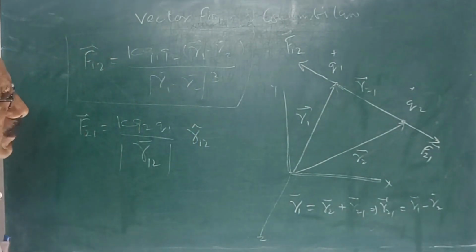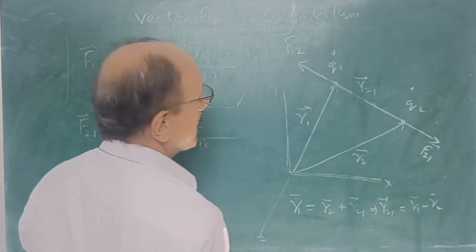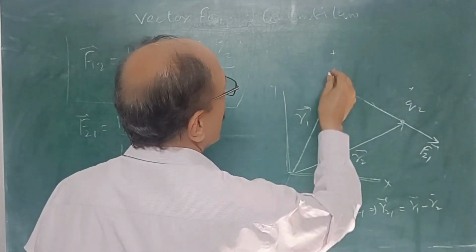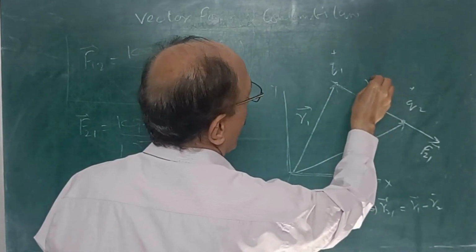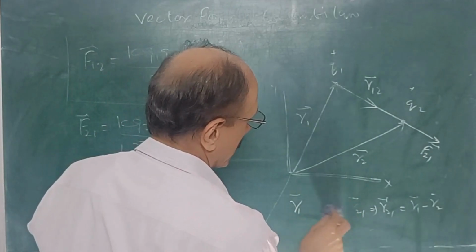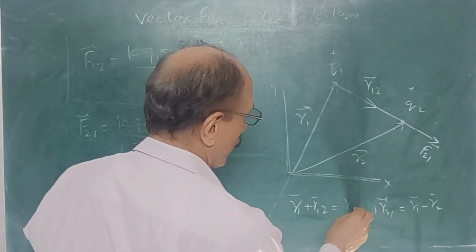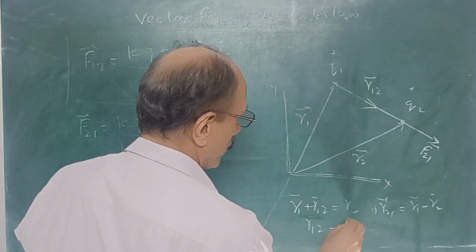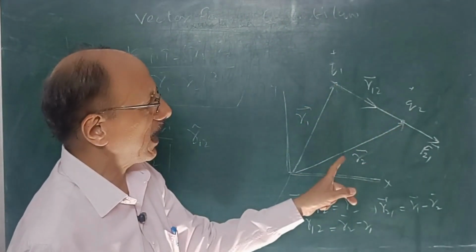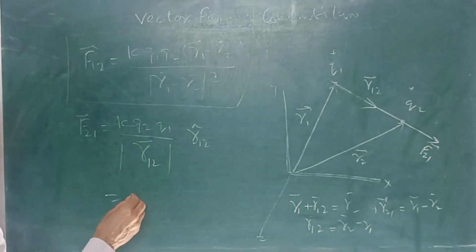Now in this case, where will be this vector? This time R1 plus R12 has to be this one, R12. So here R1 plus R12 will equal R2. So R12 will be equal to R2 minus R1. Tip minus tail again. This time the tip is R2 and the tail is R1. So first I will convert it into the complete vector.